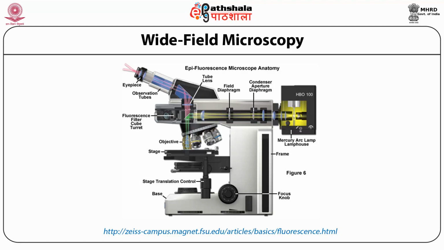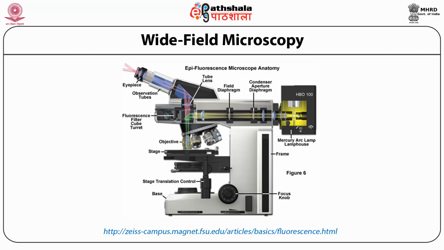Before that, it passes through the excitation filter. But in the case of LED, as I mentioned in the previous slide, instead of having the excitation filter on the filter assembly, we have an excitation filter or filter wheel just after the LED source, which allows only that specific wavelength to get in.